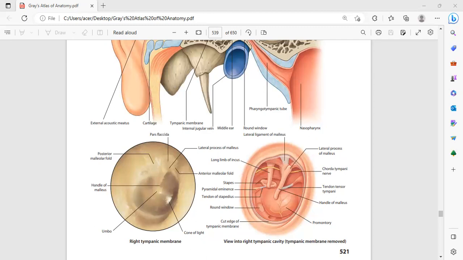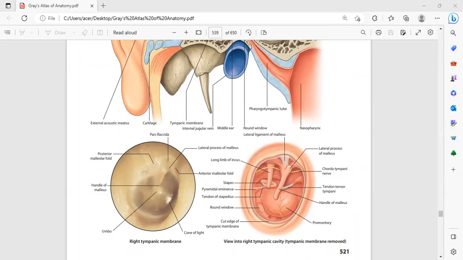On the medial wall, you have this structure called the promontory. This promontory is formed because of the bulge of the cochlea. The cochlea is on the other side, in the inner ear. The first turn of the cochlea will bulge into the middle ear through this bone to form the promontory.